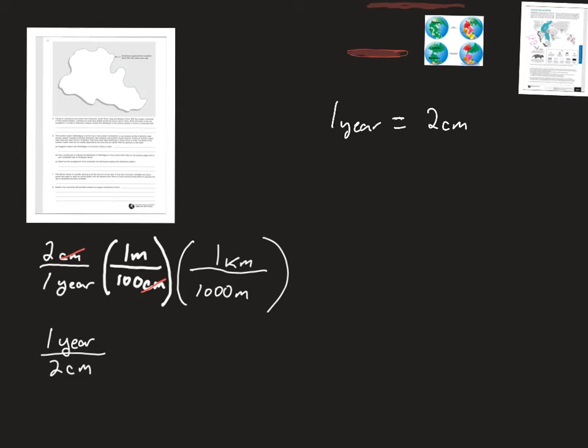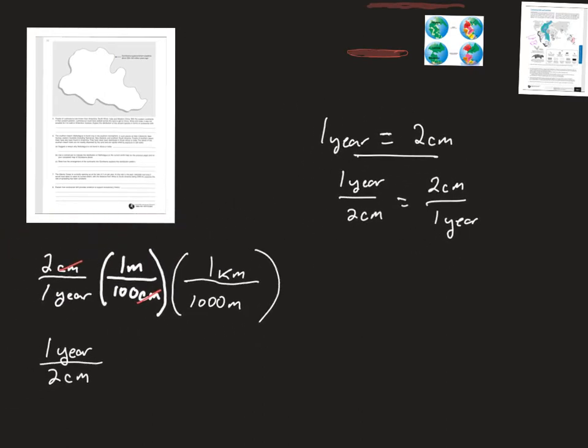That's like saying 2 equals 2 or A equals A. So I can put 1 year over 2 centimeters, or I can put 2 centimeters over 1 year, and it's the same number because they're equal, right? We call that an equality. So understand that because we say they're equal, that means that we can put either one of them on top and it'd be all right.